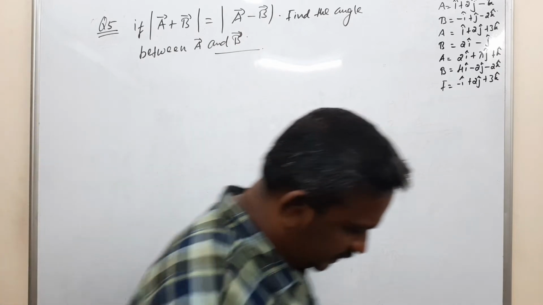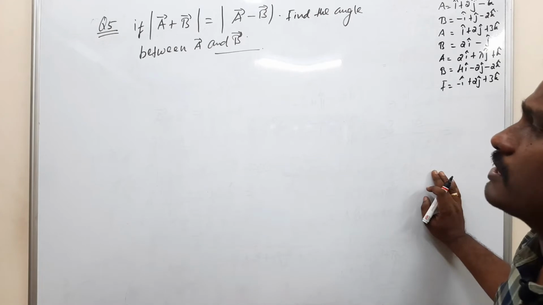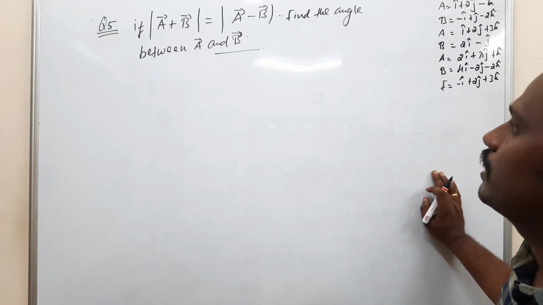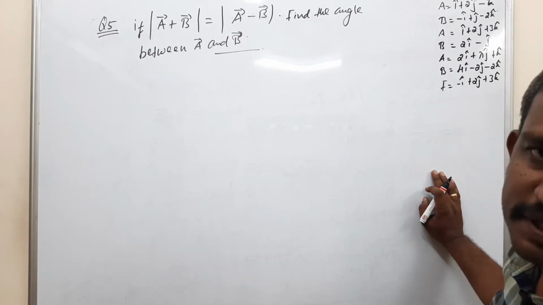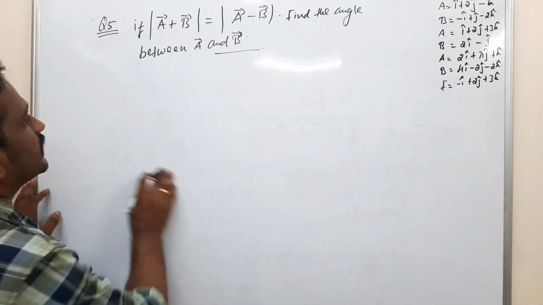So one condition is given, that is modulus of A vector plus B vector is equal to modulus of A vector minus B vector. We have to find the angle between the two vectors, A vector and B vector.